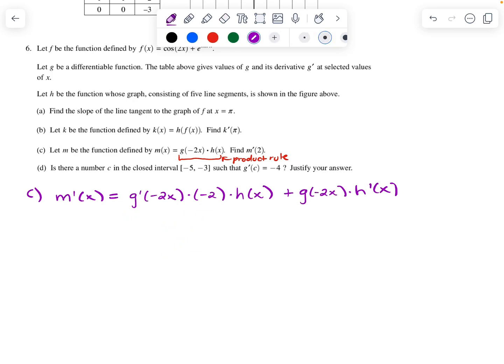And so now I'm going to plug in 2. So I get g prime of negative 4, because it'd be negative 2 times 2. So this is g prime of negative 4 times negative 2 times h of 2, plus g of negative 4 times h prime of 2.